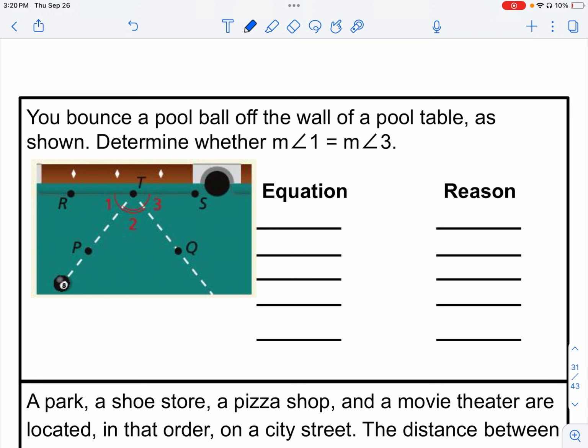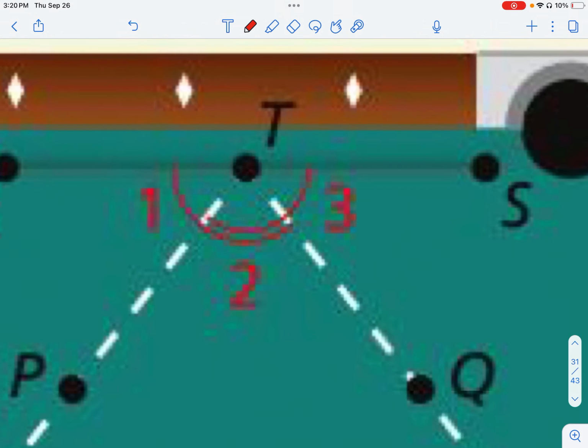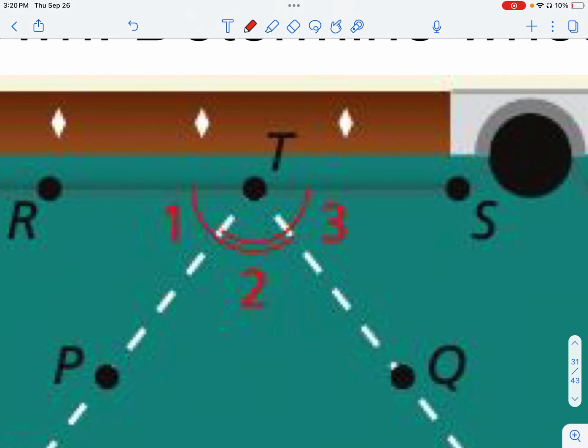So here we've got a pool ball. We're going to go off the wall, creating angle 1, 2, and 3. And we wanted to determine if the measure of angle 1 equals the measure of angle 3. So let's look at this close and see that we've got an arc here and an arc here.